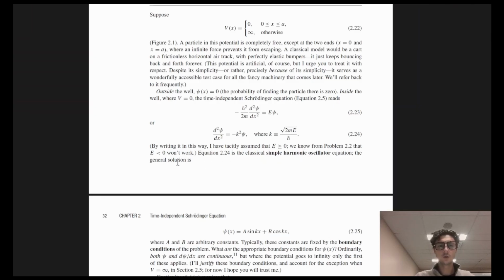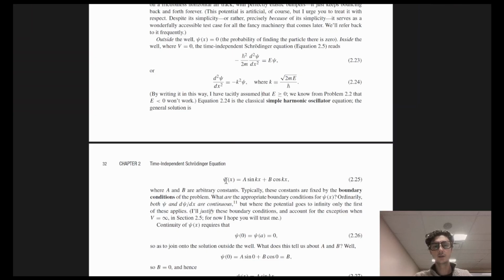We know from problem 2.2 that E less than 0 won't work because equation 2.24 is the classical simple harmonic oscillator equation. The general solution is a sum of sines and cosines.